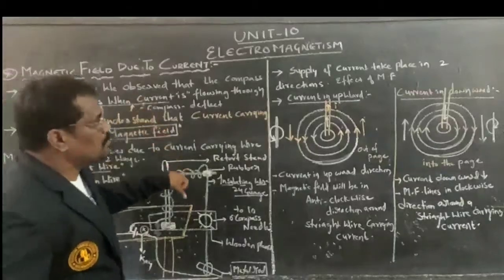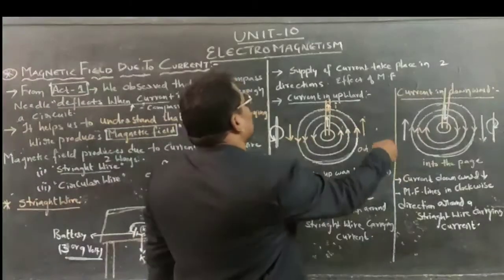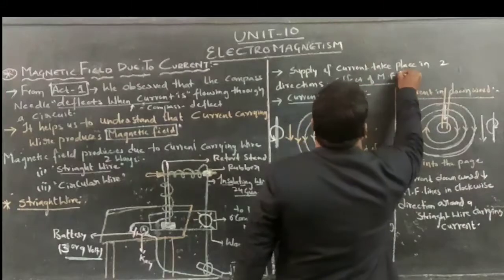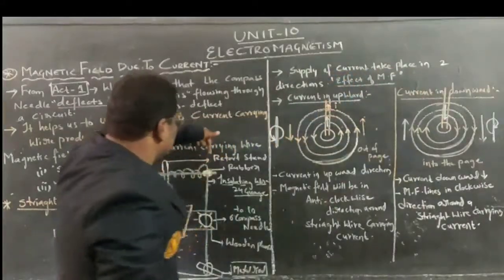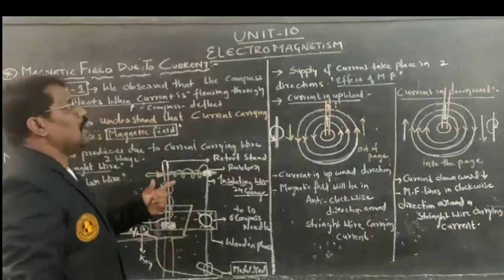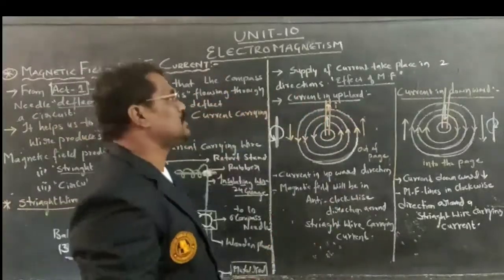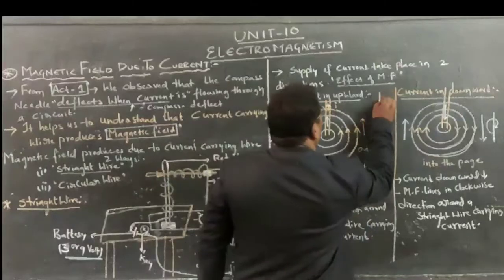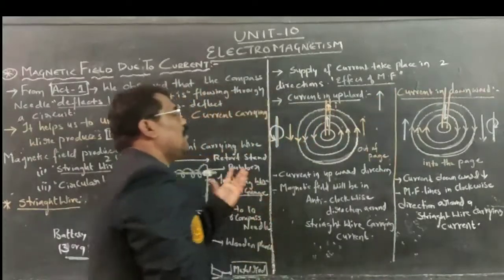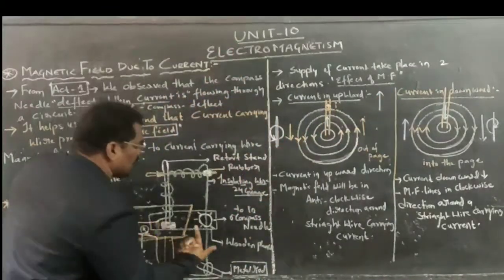So to understand the direction of the effect of magnetic field for the current carrying wire, as the current is passing through this particular straight wire, how will that effect exist? It can take place in two ways. One is if I suppose that current is flowing out of the page, for example from down to up.